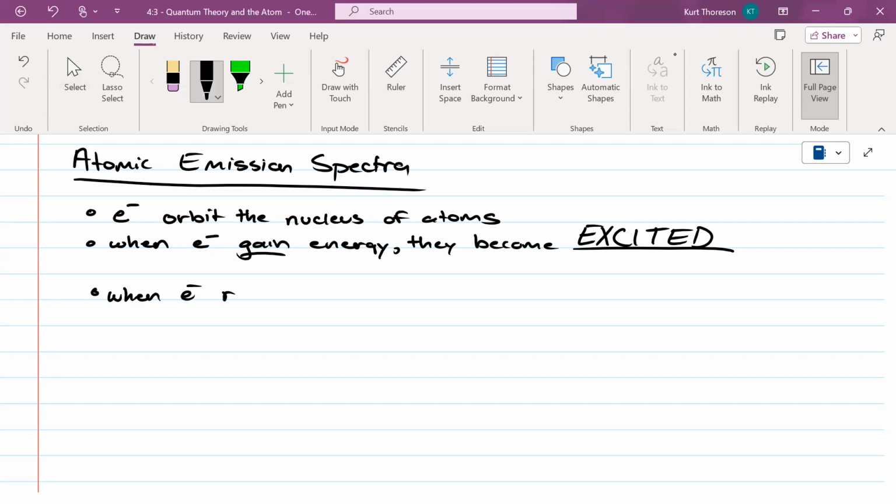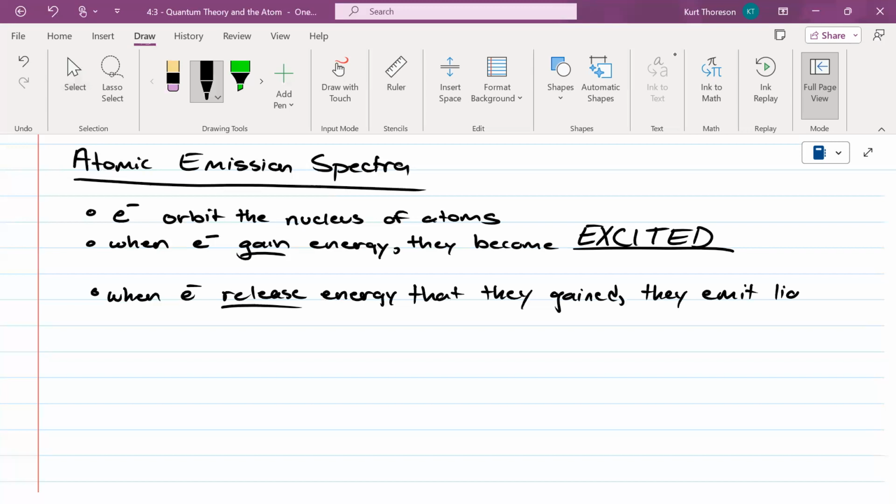When electrons release energy that they gained, they emit light. And that is super important.